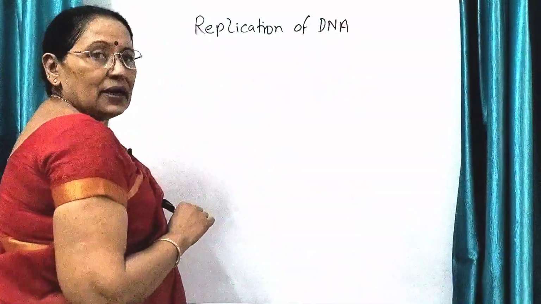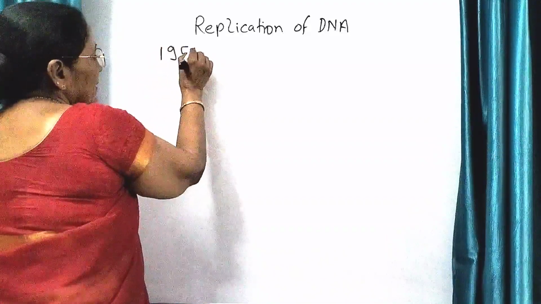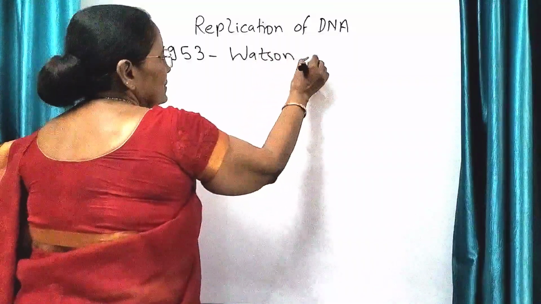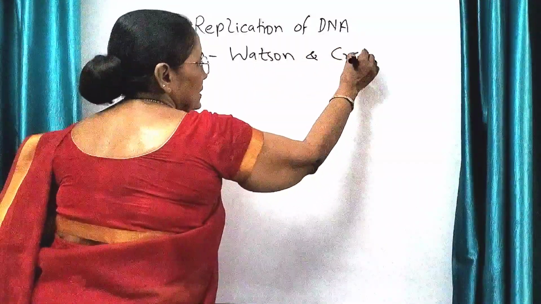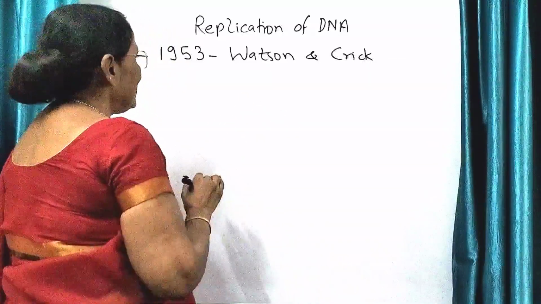Students, it was in 1953 that Watson and Crick gave the double helical structure of DNA, the famous double helical structure of DNA.